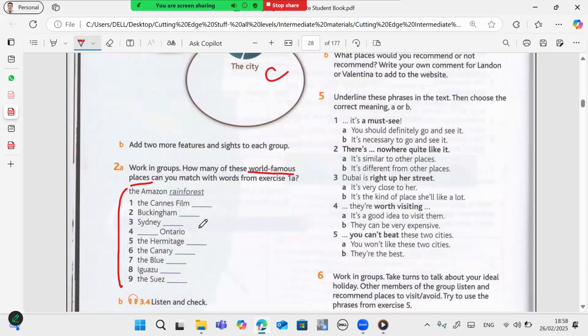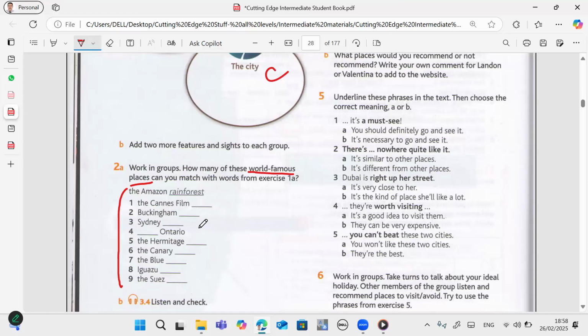Example. The Amazon rainforest is the largest forest in the world. 1. The Cannes Film Festival is one of the biggest film festivals in the world, and probably the most important. 2. Buckingham Palace is the home to the Queen of England and one of the most popular tourist attractions in London. 3.